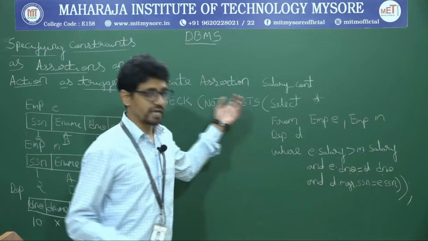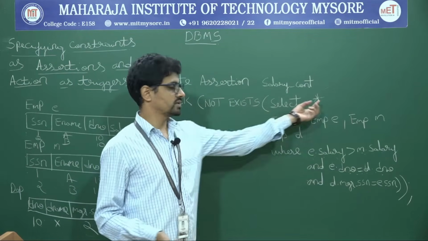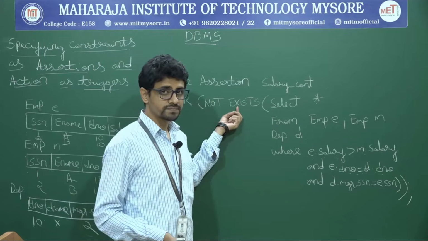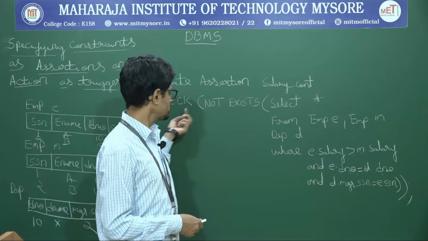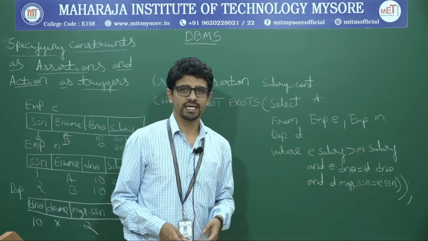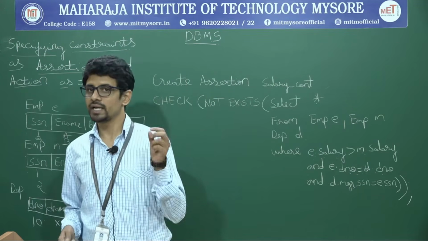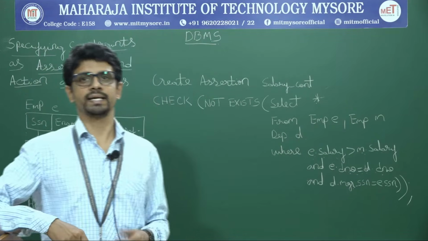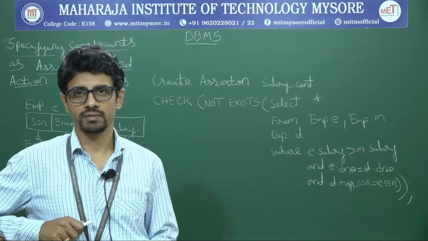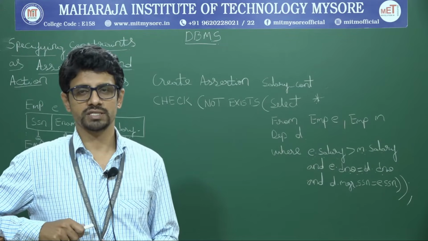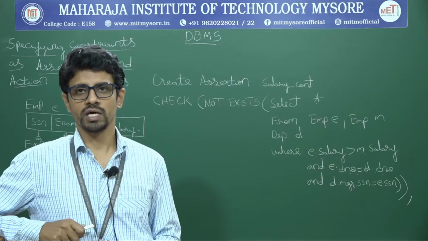If this assertion evaluates and it prints something, then NOT EXISTS becomes false. Automatically it says that in a given month there are n number of people who have violated this assertion, and we need to verify it. So this is how we can use the assertion constraint in order to evaluate it.